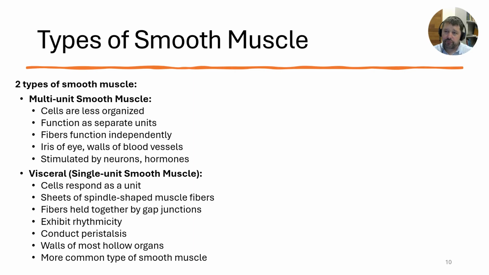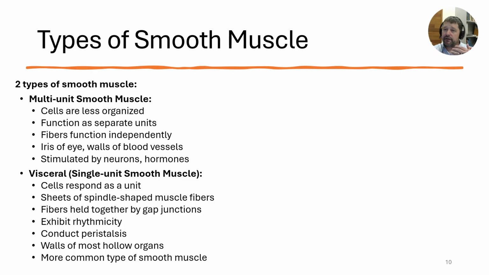Visceral or single unit smooth muscle cells respond as a unit. You can have a sheet of muscle. They tend to be arranged in a more uniform order, and they're held together by gap junctions, which are basically communication junctions.